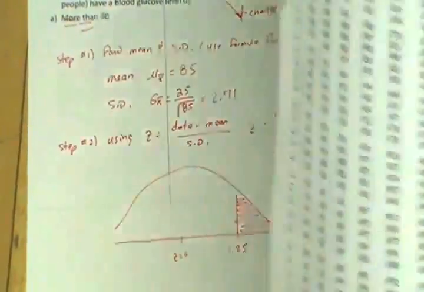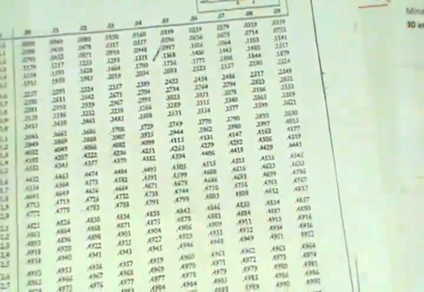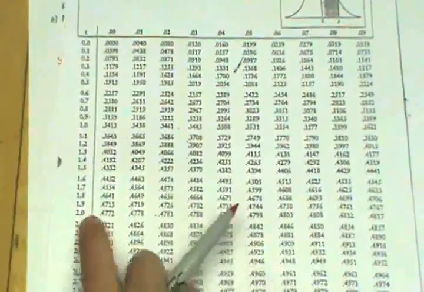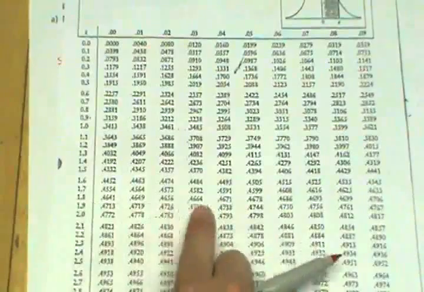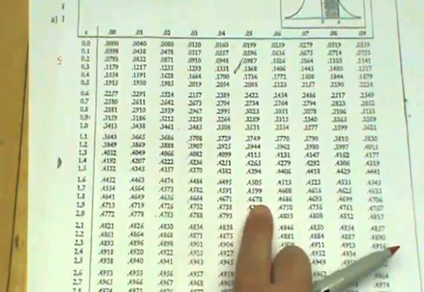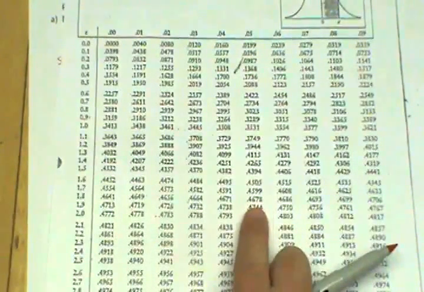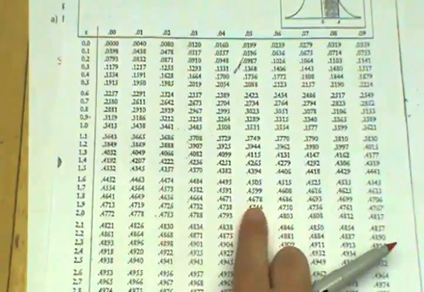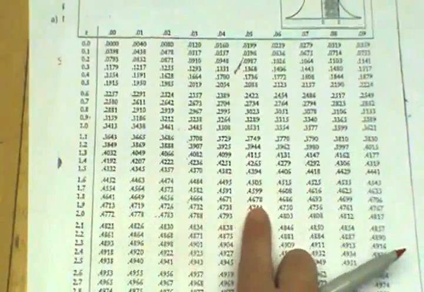Okay, we're looking up 1.85. So here we go. We go down 1.8. We work our way over to 5. And you see 0.4678. That's 4678. Nope, I'm looking at the wrong one, sorry. 1.85 is 46.